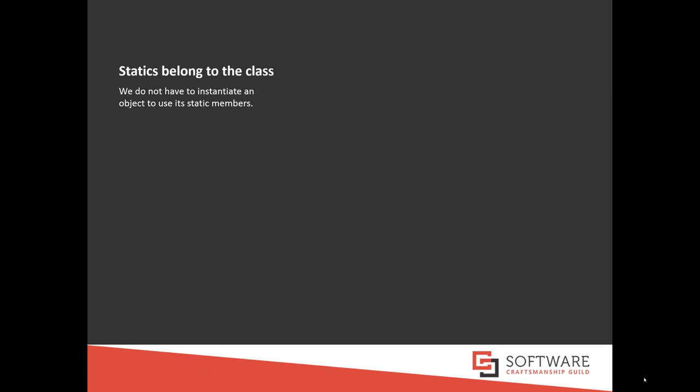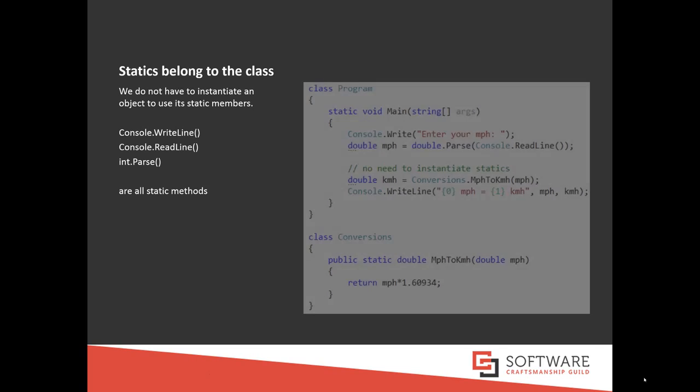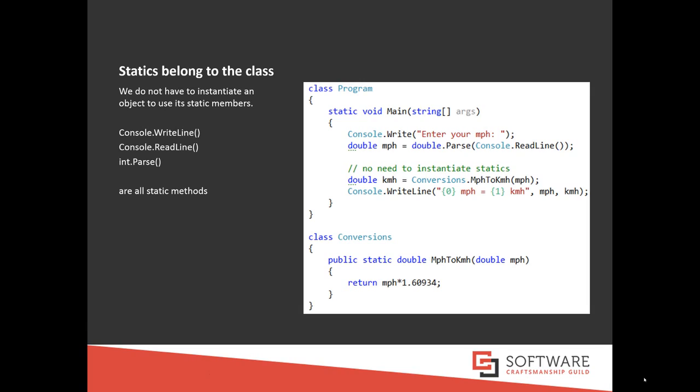So statics belong to the class. We don't have to instantiate an object to get to the static members. I already mentioned Console.WriteLine, Console.ReadLine, int.Parse. Those are all static methods. Here, I've created a class called Conversions, and it has a public static double method, MilesPerHourToKilometersPerHour, and it takes in a miles per hour parameter, and it returns the result of the calculation.